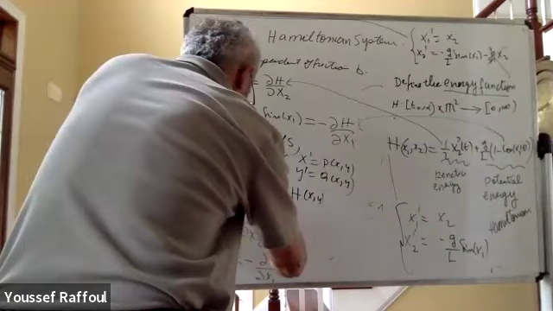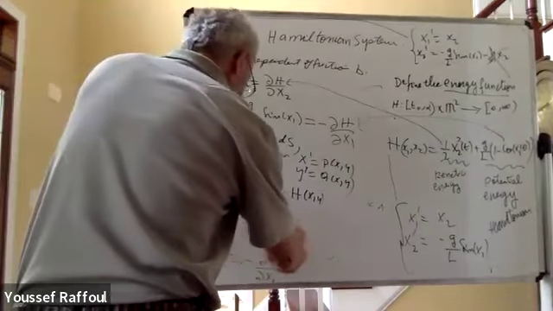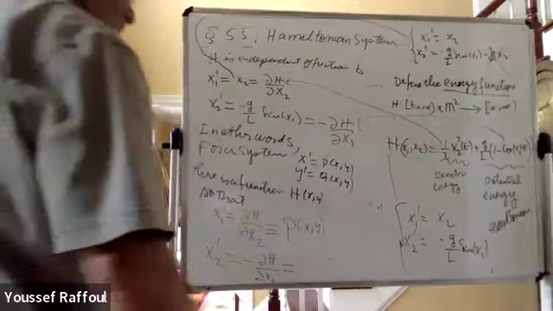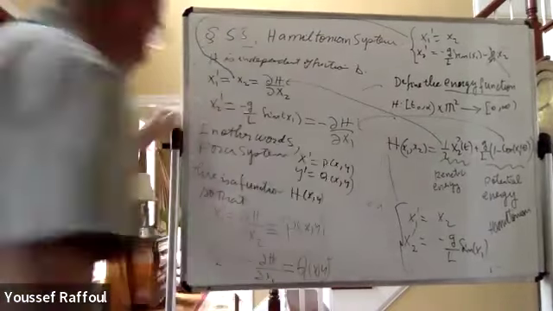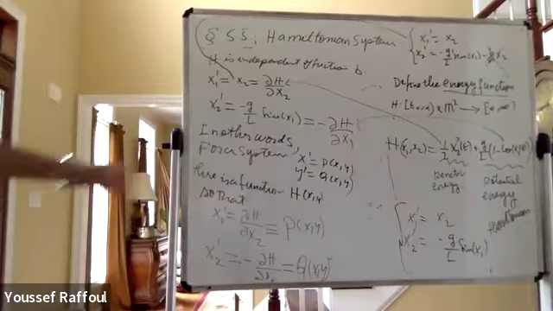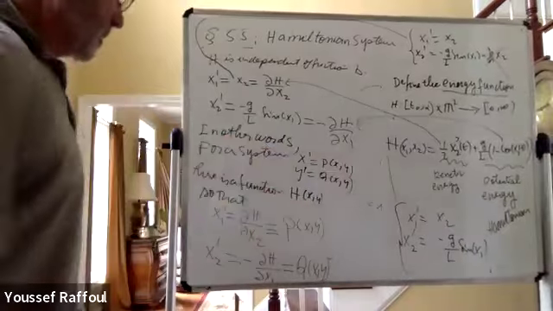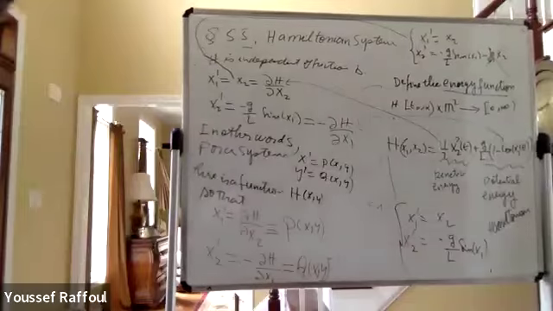But by definition, x1 prime equals P(x,y), and this one is by definition equal to Q(x,y). Well, in the book I use f and g.